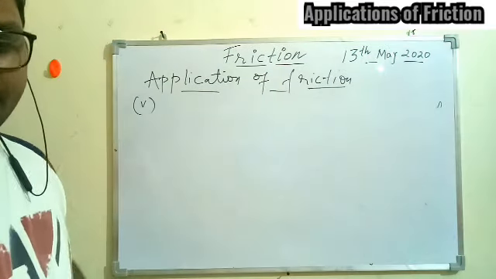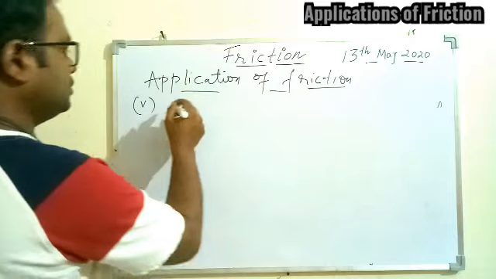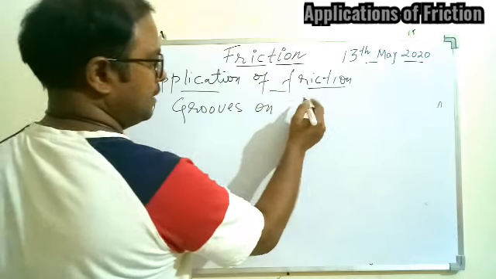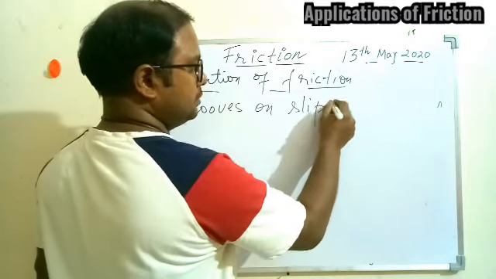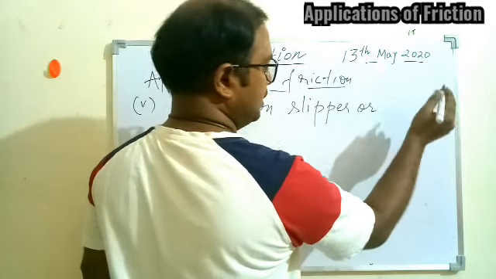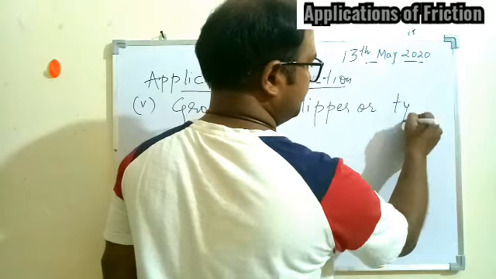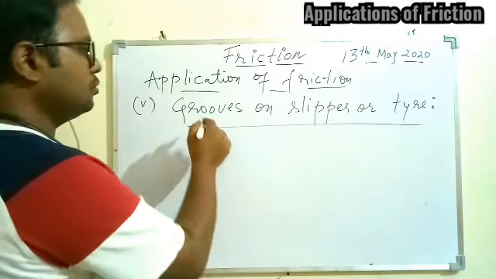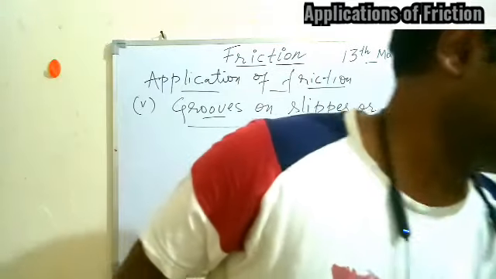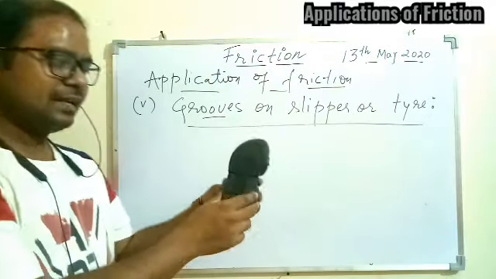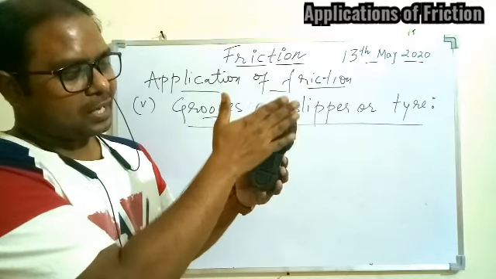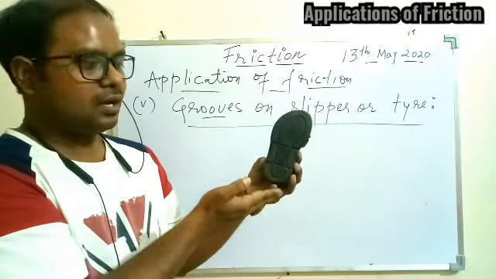Let's go for number 5, that is grooves on, you can say, slipper or tires. So grooves, we can understand this is the slipper or the sandal. Okay, so you can see at the base what kind of irregularities are given.